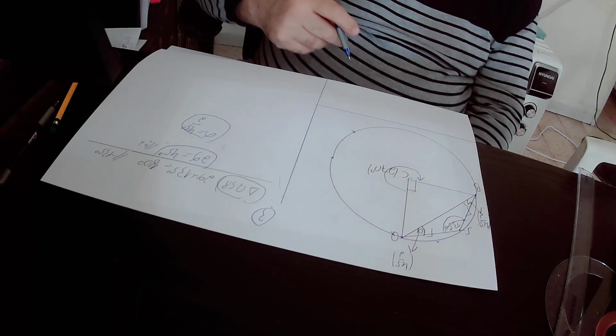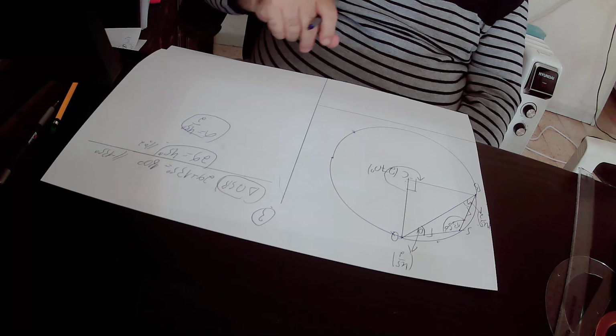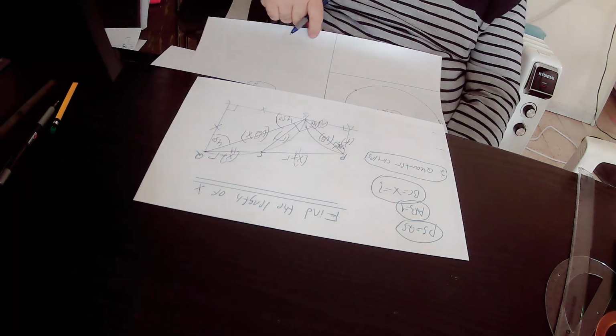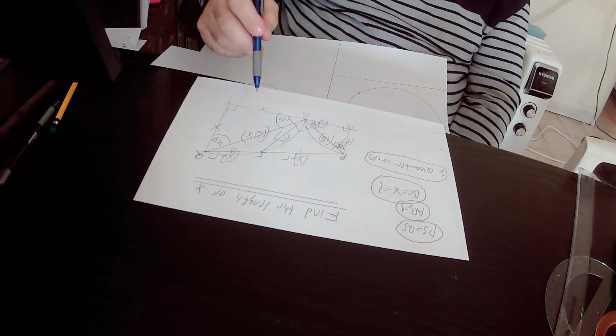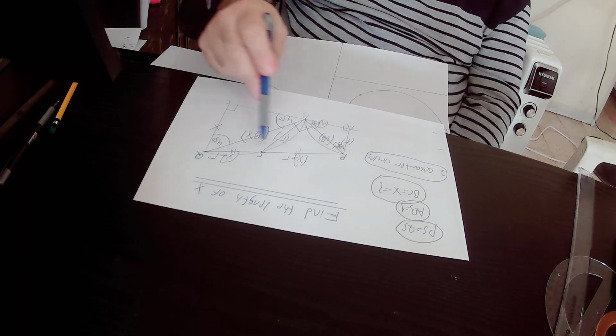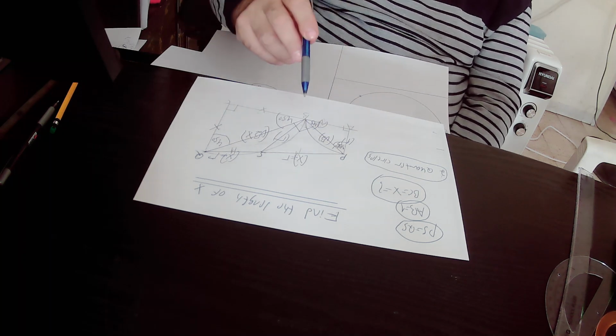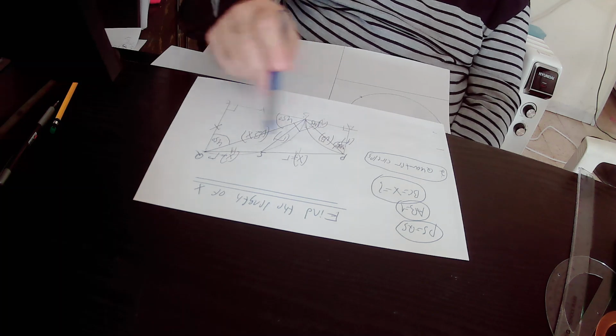Okay, so in the next step I will copy the right triangle PBQ in a new page, and we will analyze this right triangle PBQ.